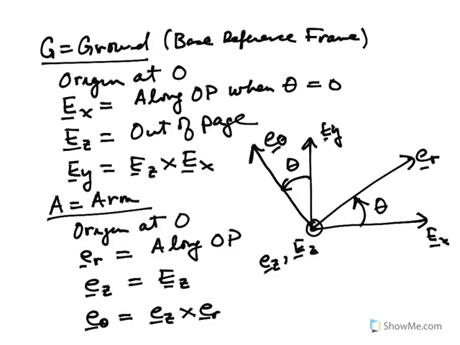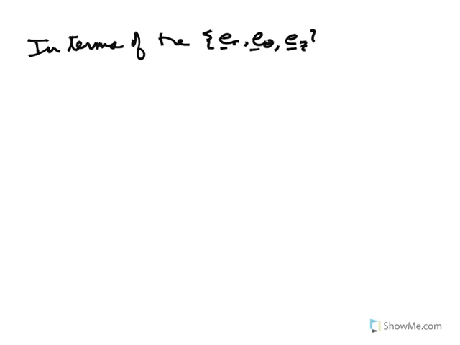One, it's the angle from EX to ER, and also the angle from EY to E theta. Okay. Now, in terms of the basis ER, E theta, EZ, the position of point P relative to O is equal to R ER.